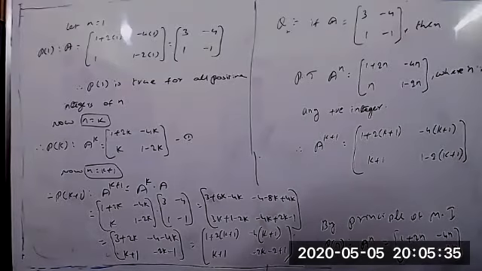Therefore, P of k plus 1 is true. It means whenever we take n equal to k plus 1, P of n is true.